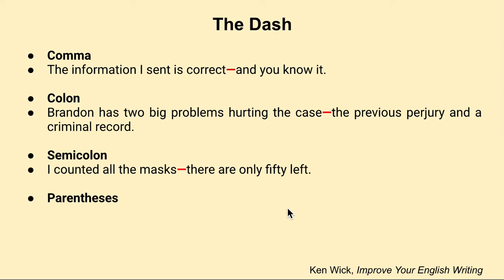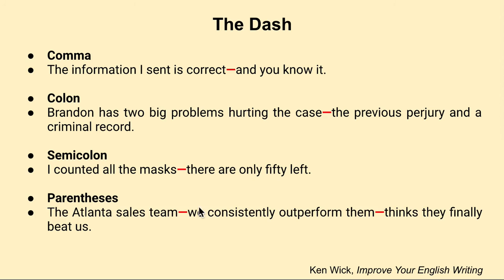Parentheses. Example: The Atlanta sales team, we consistently outperform them, thinks they finally beat us. So this, we consistently outperform them, would normally be enclosed in parentheses if you want to de-emphasize this element.